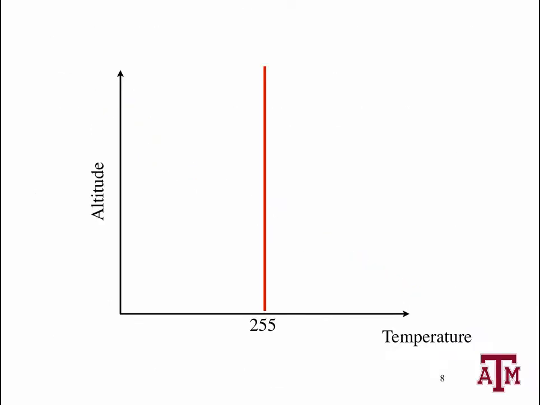To illustrate some of the subtleties of the greenhouse effect, let's consider a hypothetical example of an isothermal atmosphere, meaning an atmosphere where the temperature, this red line right here, does not change with altitude. And let's say it's 255 K everywhere. Now, the emissions are coming from some altitude in the atmosphere. And when you double carbon dioxide, you push that emission level up because you're making the atmosphere more opaque in the infrared.